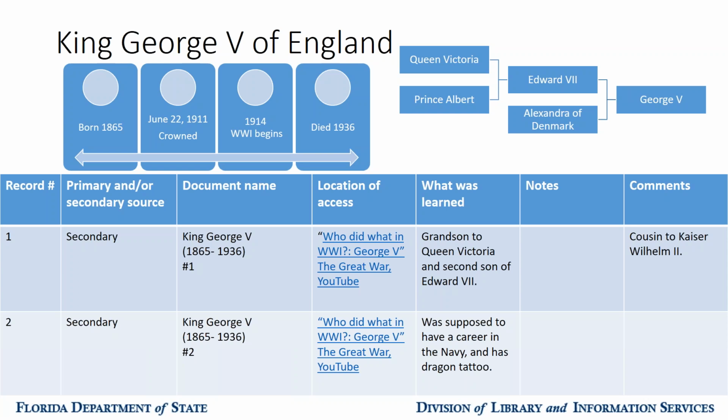He also, personality-wise, was not your traditionally raised monarch, because his intended career was that of the Navy, which means that this is one of our first monarchs that had a tattoo, and more specifically, a dragon tattoo. So this can give students a hook to be interested in learning more about history, because it gives them surprising facts.